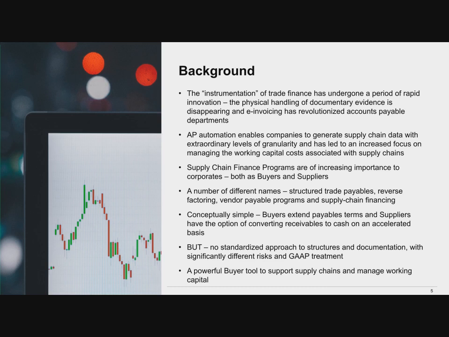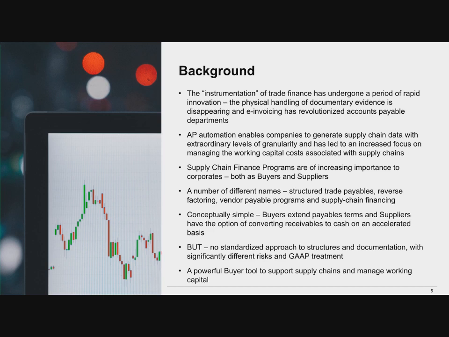So by way of a very simple example, a buyer may turn around to a supplier and say, we're now going to pay you on a 180-day basis, but don't worry, supplier, we've put in place this program, and you have the option of converting that 180-day receivable into cash on an accelerated basis.